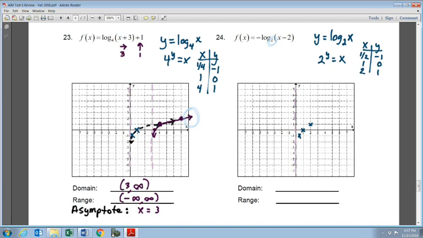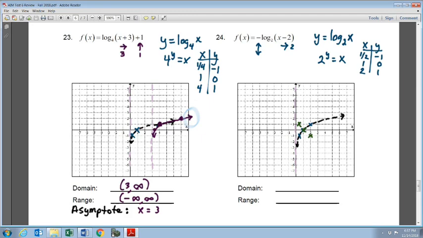So in terms of our shifts, notice first of all we have a reflection through the x-axis, and we need to move everything right too. So we know that we always reflect first, so let's go ahead and do that.